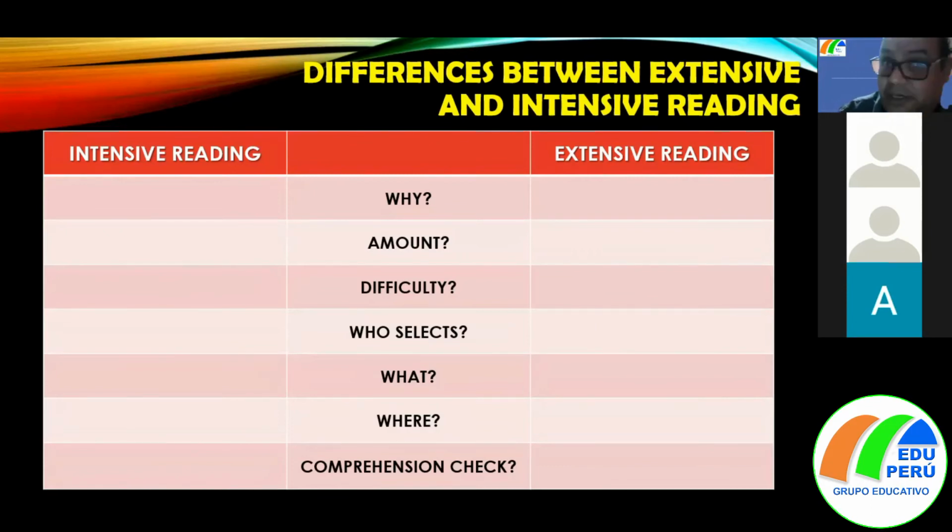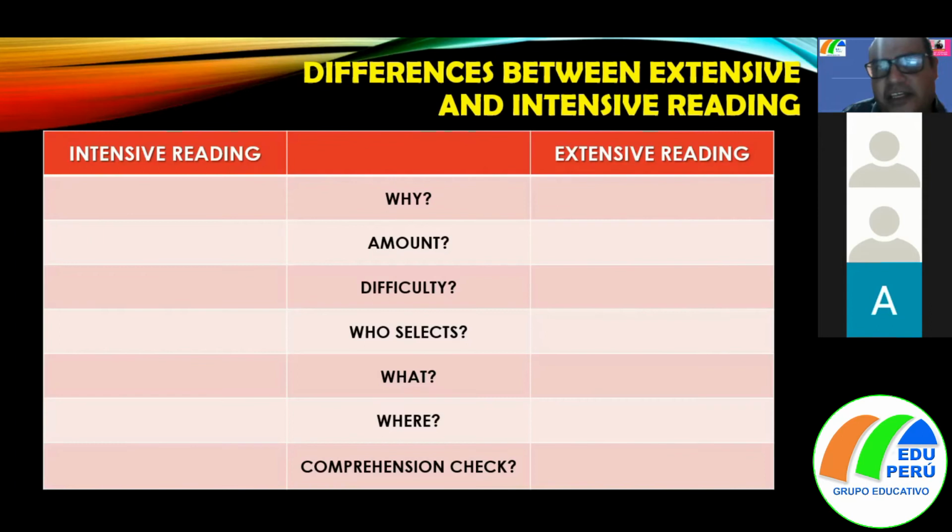You're going to help me complete this table. Why? What is the reason? What is the goal, the aim of these kinds of reading? The first one I'm going to do, and you're going to help me with the others. So listen carefully, pay attention.